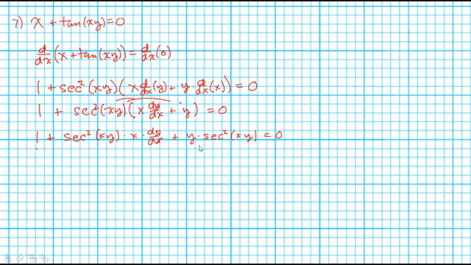Let's take this 1 and that term and get it over to the other side, and that leaves us x secant squared xy. Typically we put that x in front, and we'll put the dy/dx in the final position. A negative 1 there, and a negative y secant squared xy over there. Dividing both sides, we end up with dy/dx is equal to negative 1 minus y secant squared xy, and that's all divided by x secant squared xy.